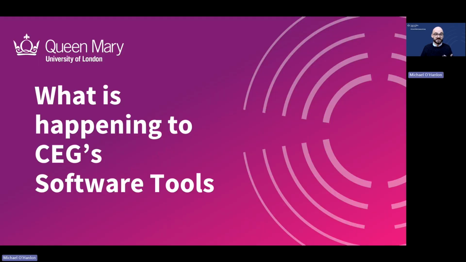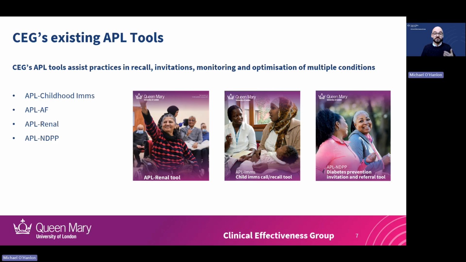So what's happening to CEG software tools? Now, some of you may be familiar with our existing APL applied patient link tools that assist practices in recall, invitations, monitoring, and optimization of multiple conditions. And we have 4 that are live currently: the APL Childhood Immunisation tool, AF tool, renal tool, and National Diabetes Prevention Programme tool.